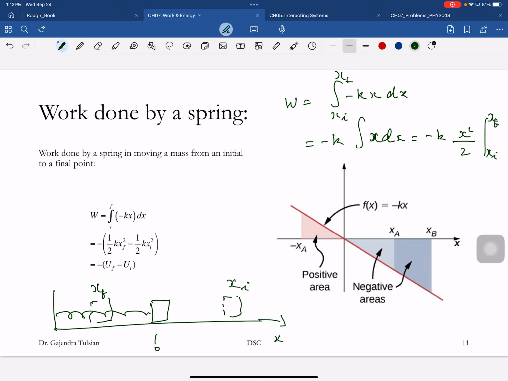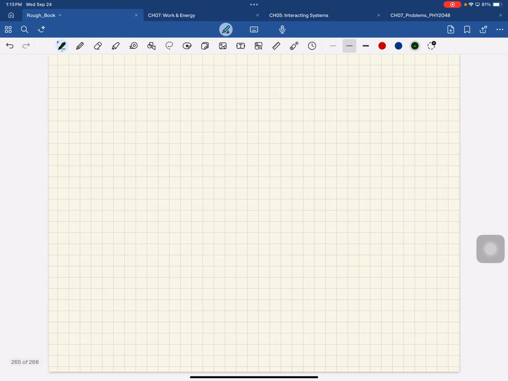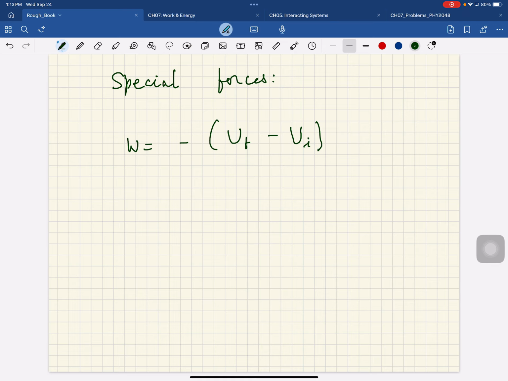So there are forces. These are called special forces. And to calculate the work done by them, all you have to do is take the negative of the potential energy function at the final point minus the potential energy function at the initial point.